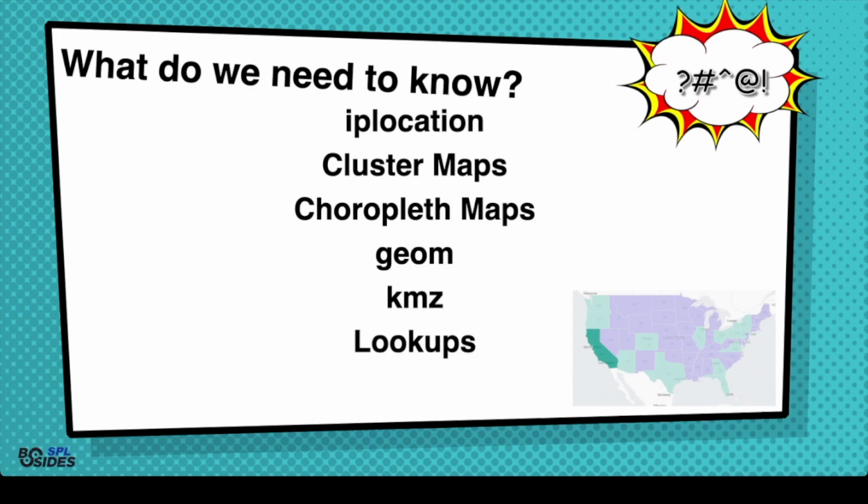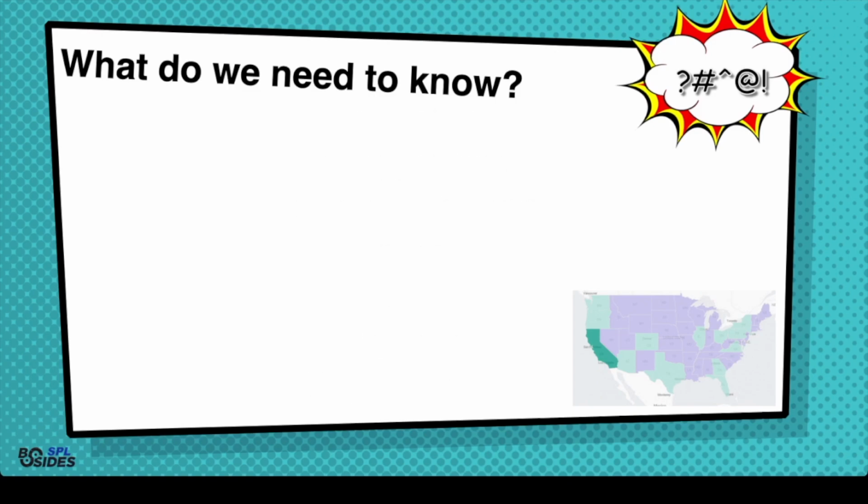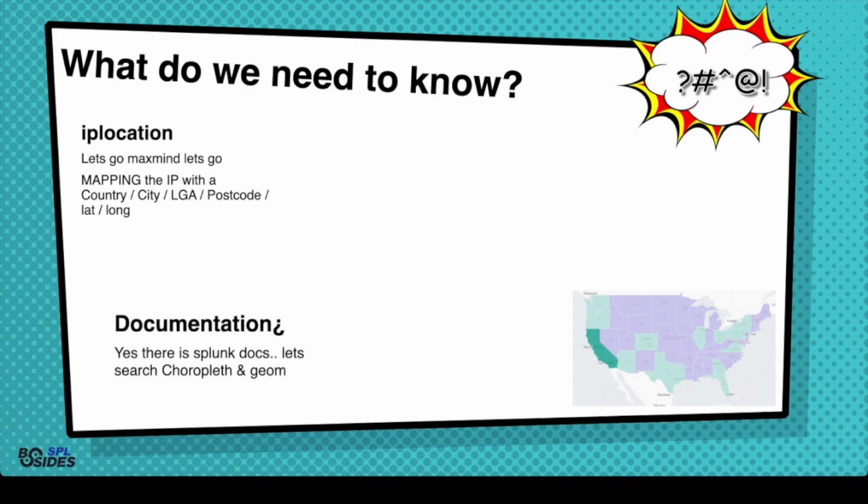So we're going to have a look at a whole pile of components here. And the first thing is that we use our IP location data, and that IP location data really tells us what is going on. So we could revert to the documentation at about this stage and have a big read in the documentation.